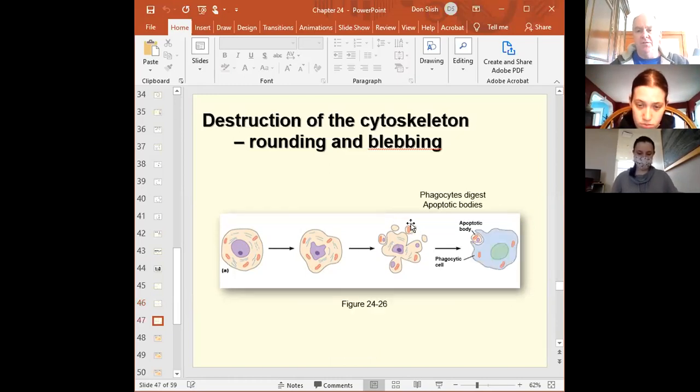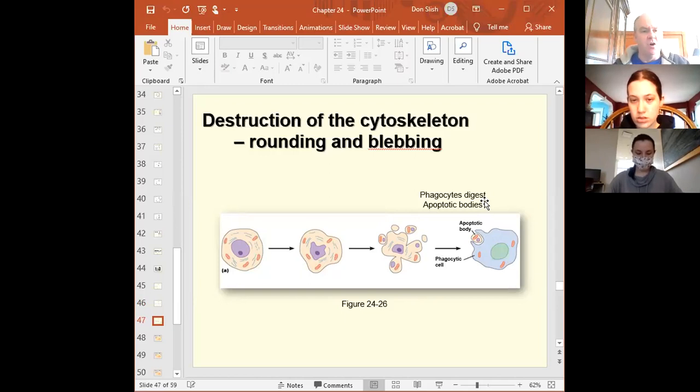Then the whole thing just falls apart into these apoptotic bodies, just chunks of cell with chunks of organelle inside them. And then Mr. Phagocyte comes along and eats up those apoptotic bodies, and takes care of the debris.